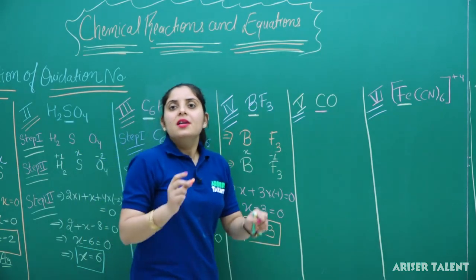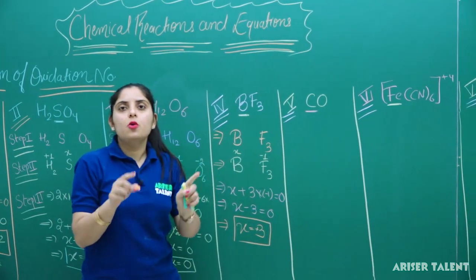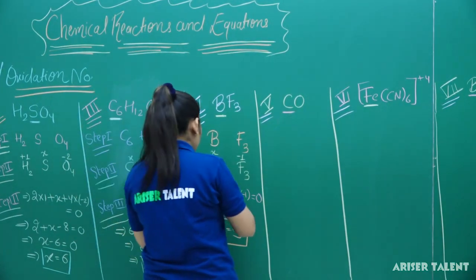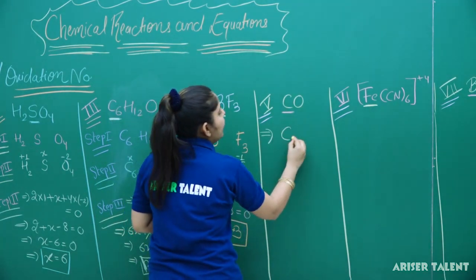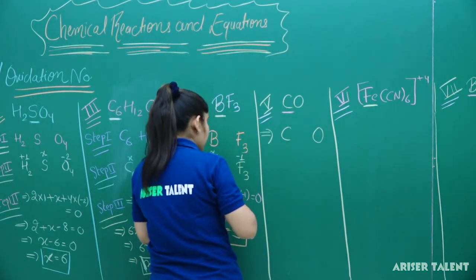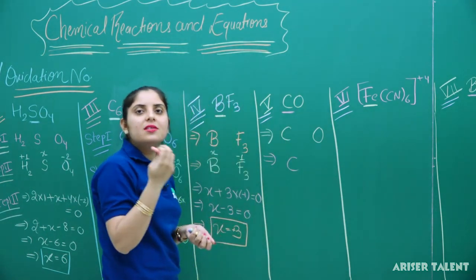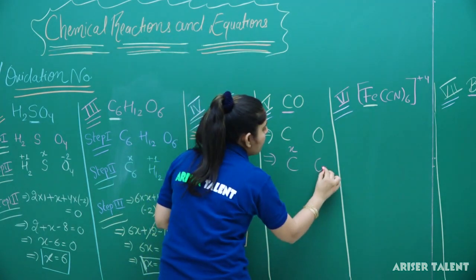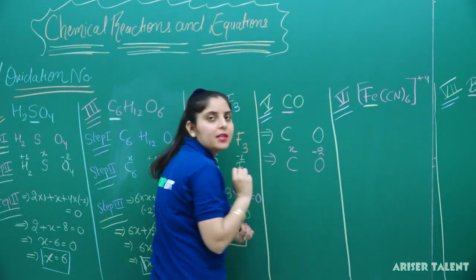Okay students, now I am proceeding to my next element. Our next element is CO. CO here is carbon monoxide. So again we are repeating the following steps now. We will write the individual elements over here. In our next step, I have to calculate the oxidation state of carbon, so I am substituting it X. For oxygen, we have the oxidation state that is equal to -2.